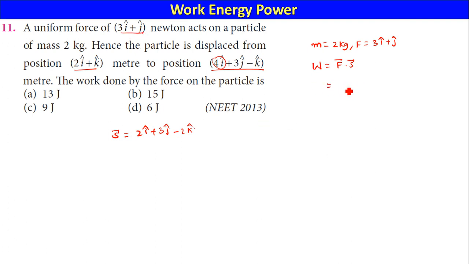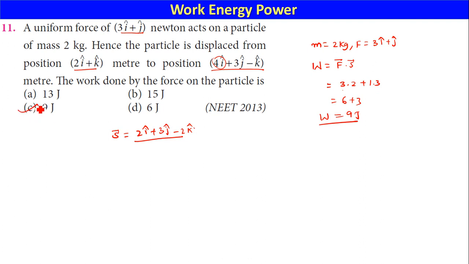Then what will you do? Just find the dot product between F bar and S bar. So 3 times 2 plus 1 into 3. Oh, sorry. 3 twos are 6 plus 1 three is 3. So 9 joules. That is the work done.